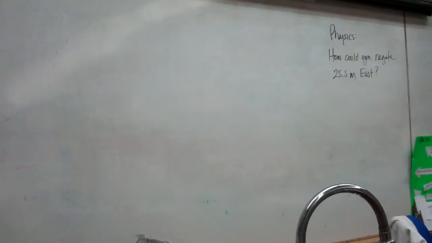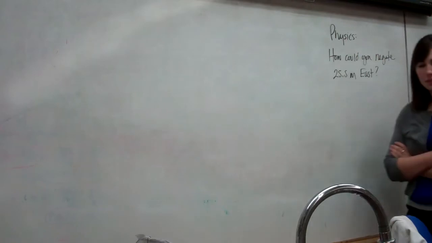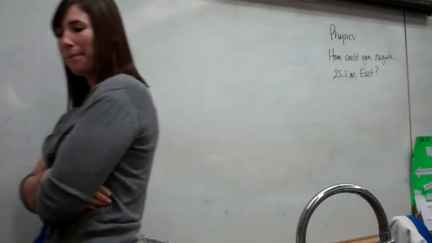Aww. Well, I got you, you, and you. Wait, okay. Or somebody in, I'm going to cancel that. Somebody wearing either blue or gray. Nice try. Okay, so that would be Max, Mr. Taylor, Mr. Reese, Ms. Hall. One of you. How could you negate 25.5 meters east?